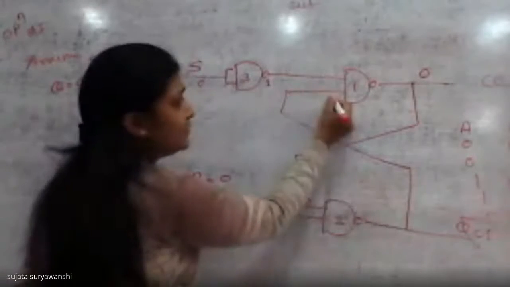This Q complement is equal to 1, which is given as input to this NAND gate.